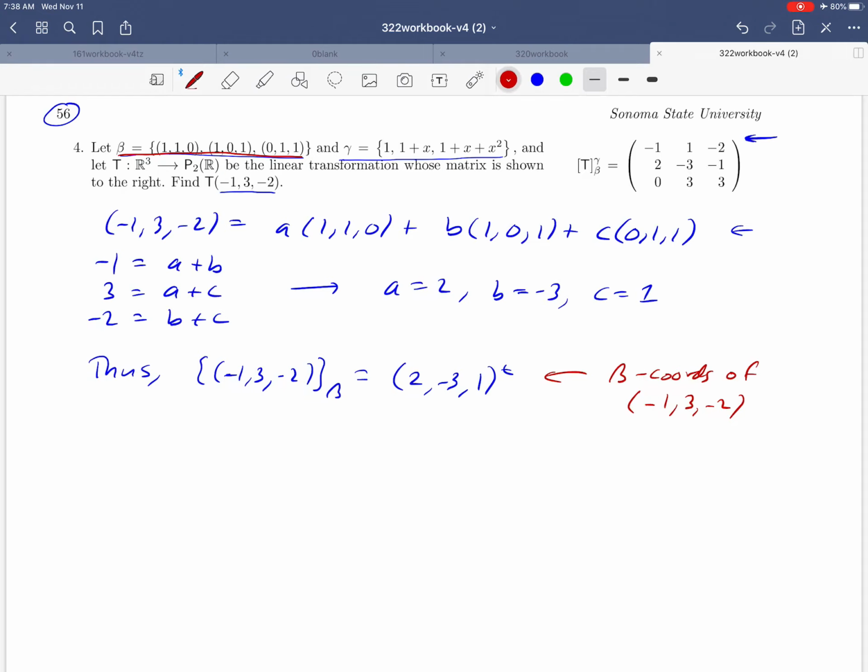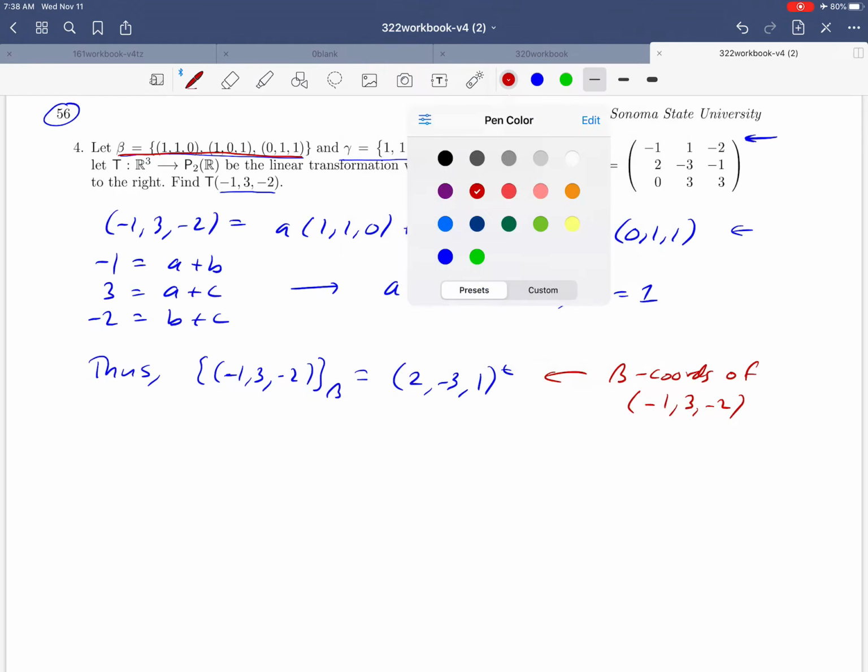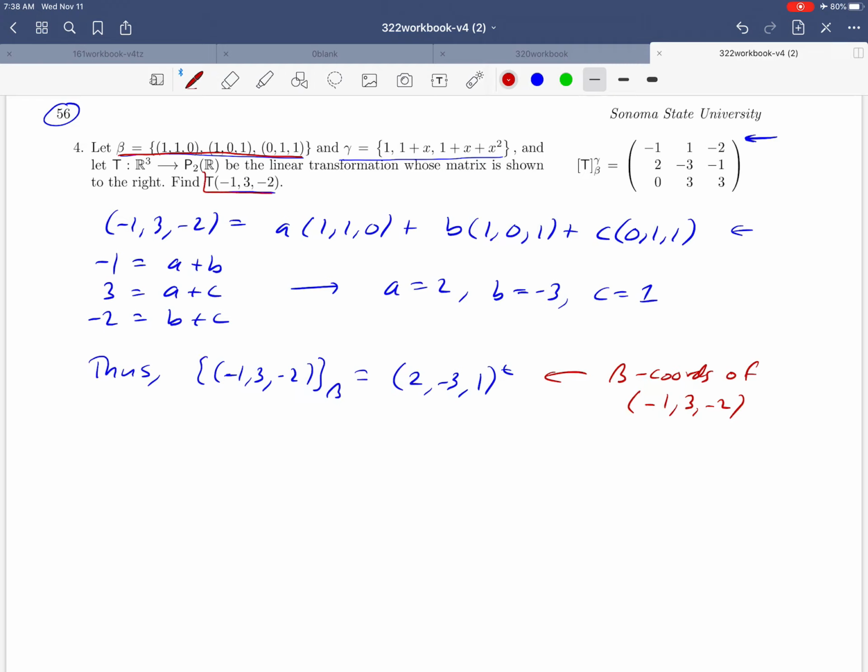It would also be good to know what the coordinates of the entire output are, T of (-1, 3, -2). We can find that because remember, this matrix is the tool. That's how we get from coordinates for our input to coordinates for our output.